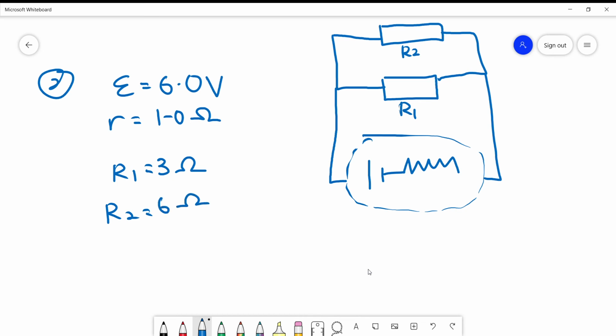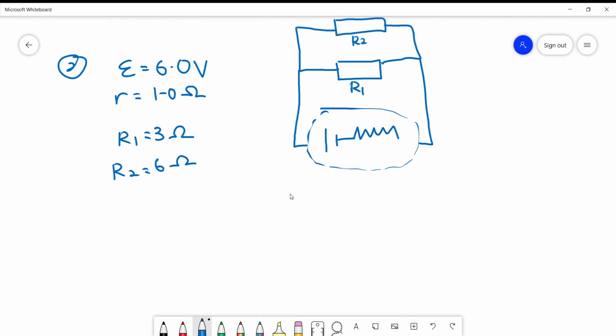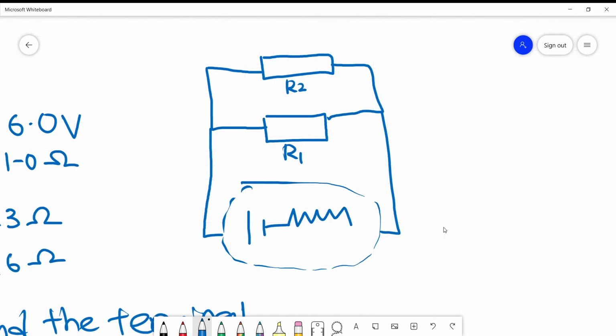Okay, so for the first question, find the terminal potential difference. There's actually a switch here.